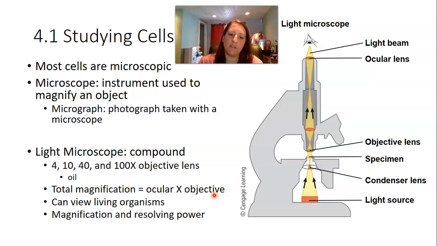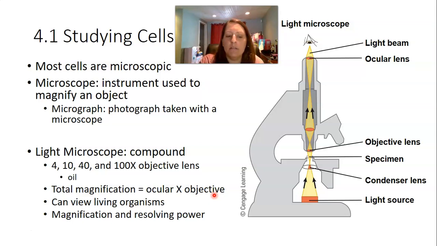You would tell me that the magnification is 100x. If you're using the 40x lens, high dry, you would take 40 times 10, which is 400, and you would tell me that the magnification is 400x. Okay, total magnification. So it's those two lenses that work together to magnify the specimen.